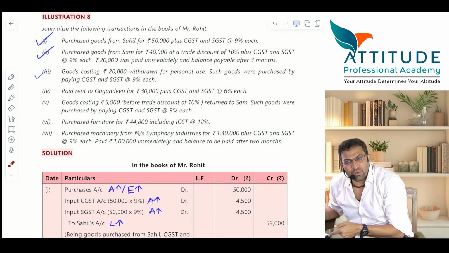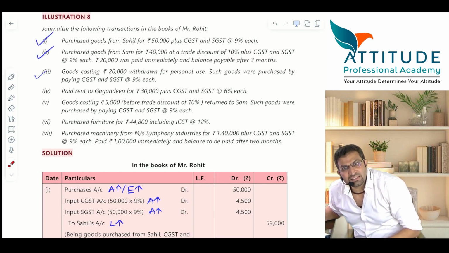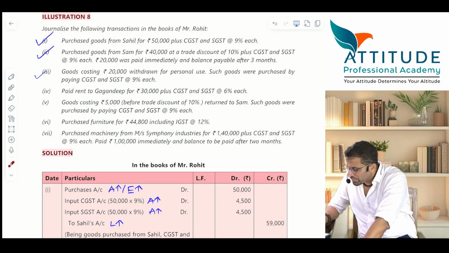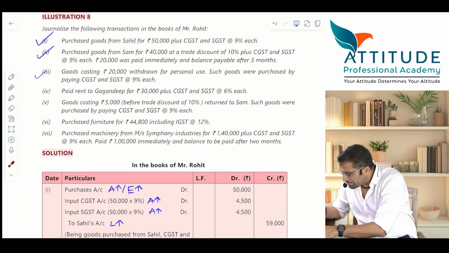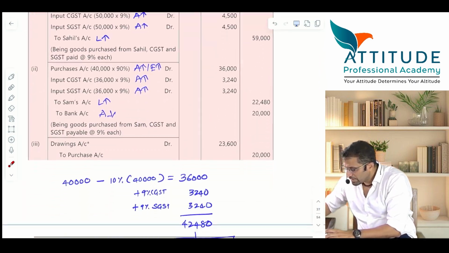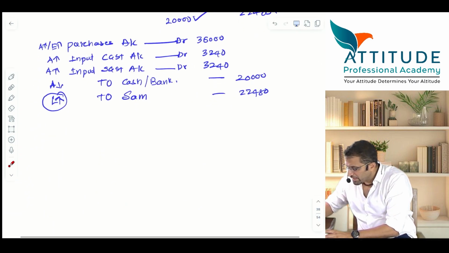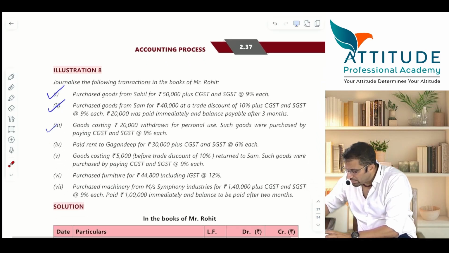Did I not tell you today only? Yes. So tell me, goods costing 20,000, withdrawn for personal use. Such goods were purchased by paying GST at 9% each. Come on. Now tell me, here, this is question point number 3, no?